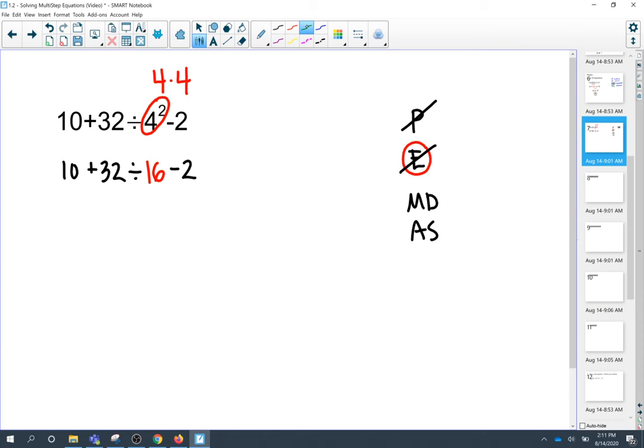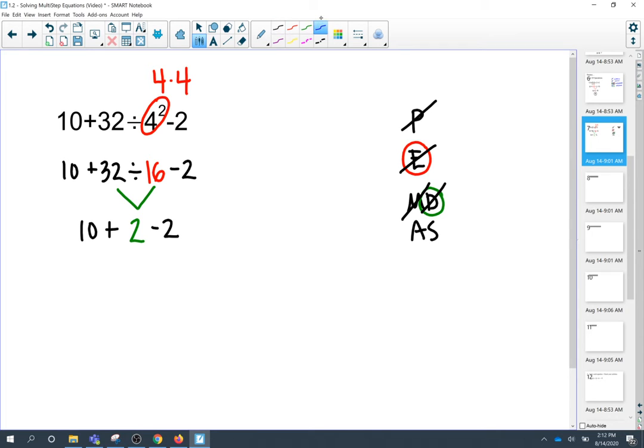Multiplication or division? Well, that's a plus. There's division. Division. So 32 divided by 16, and that is actually, I believe, 2. Then I drop down the -2. I drop down the 10 plus. Division is done. There is no multiplication.